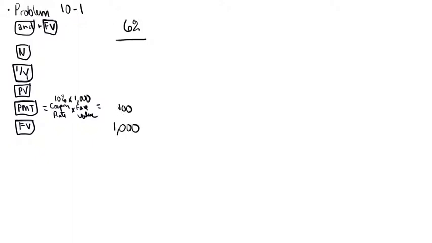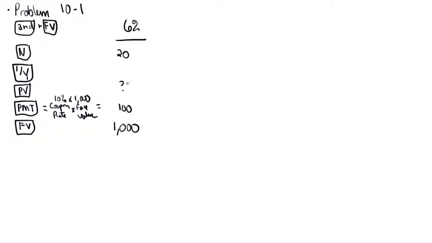The bonds are going to mature in 20 years. So 20 years is going to be our N, the number of periods, and present value is what we're solving for. We're trying to calculate the current price of the bond.